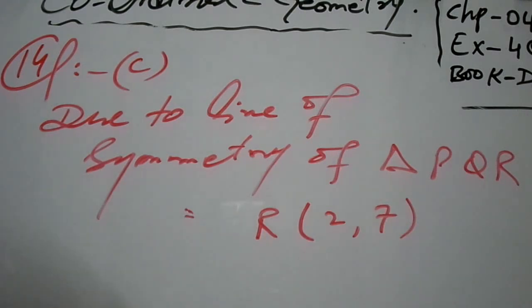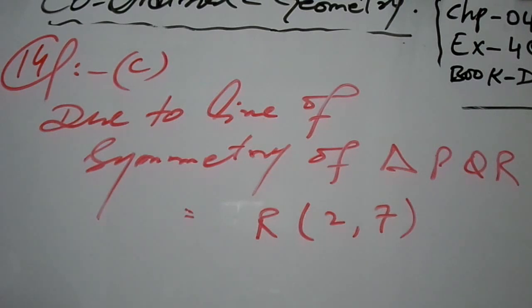So that is your result. If you see the statement, y is equal to 5 is a line of symmetry of PQR, find the coordinates of R. So the coordinates of R are 2 and 7, because in the previous step we have calculated the symmetry of triangle PQR. So the value is 2 and 7, you can see.